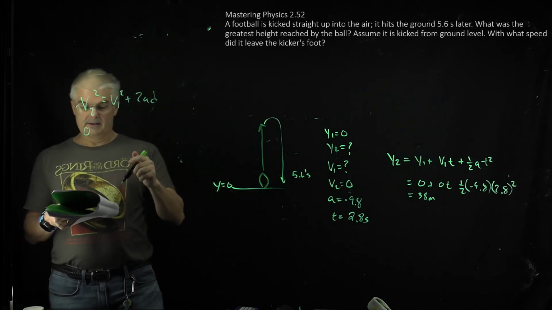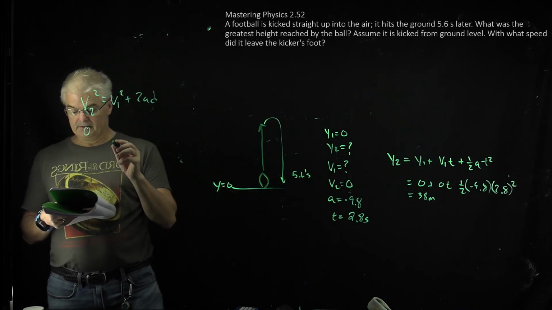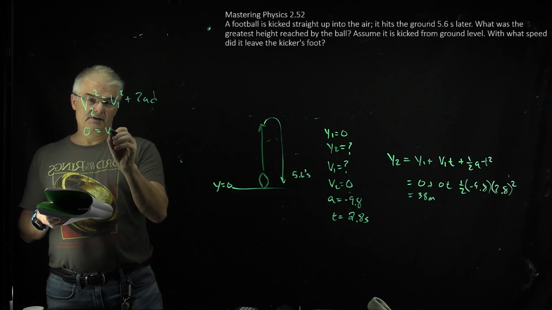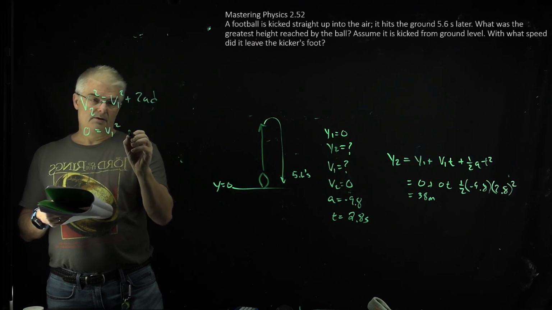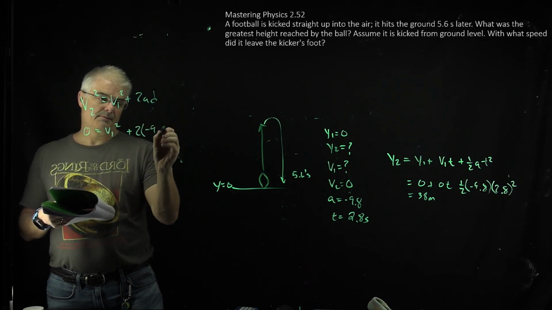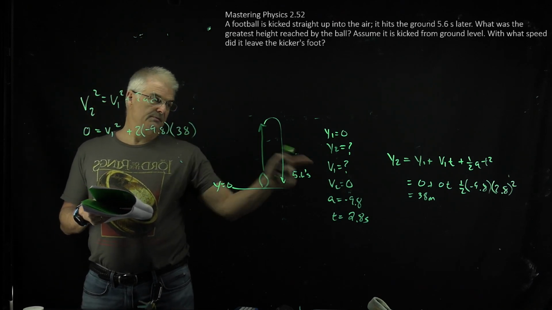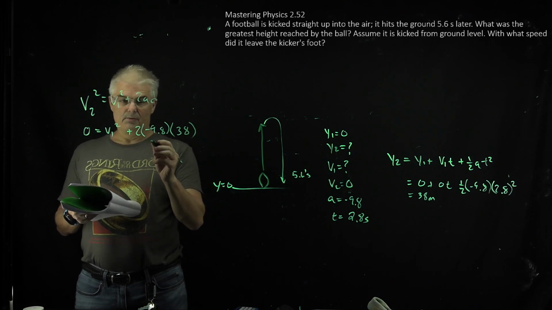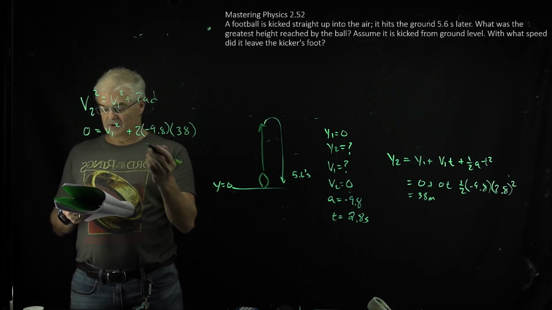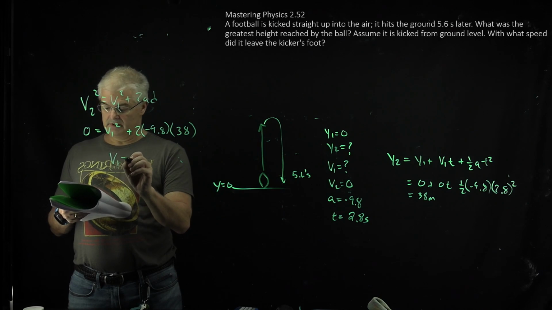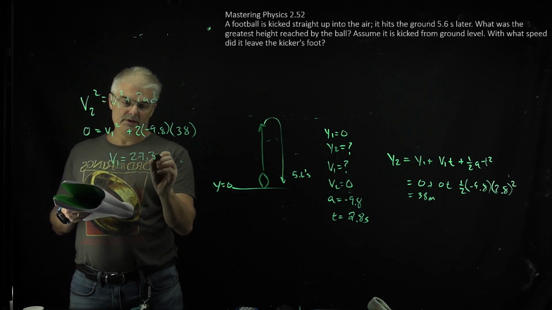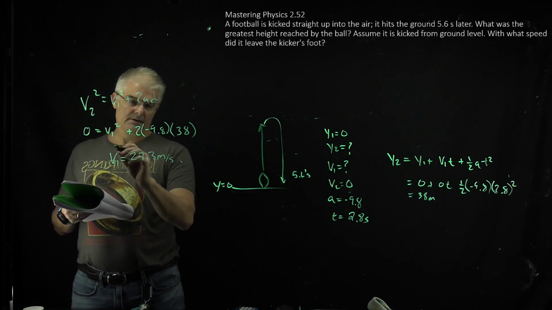Because at the total top of the flight, v2 equals 0. That equals v1 squared, which we don't know, plus 2 times negative 9.8 times our 38, which we found just a minute ago. And then we do the math, and we have to play a square root game, and you get v1 equals 27.3 meters per second. And that seems very reasonable.